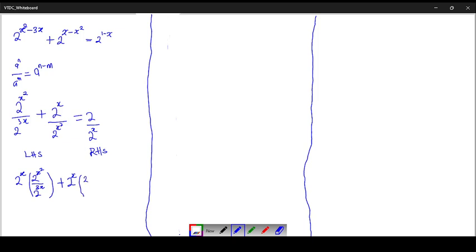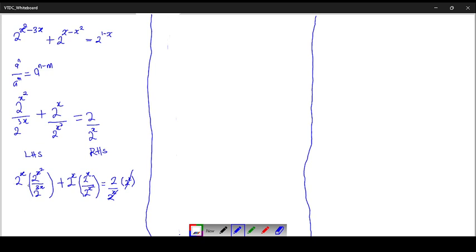I'm just being careful so that you don't lose my steps. 2 raised to the power of x squared, equal to, alright, 2 raised to the power of 2 raised to the power of x, then 2 raised to the power of x. This gets to cancel this, leaving the equation with just what we have here.